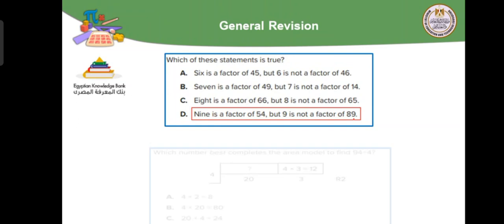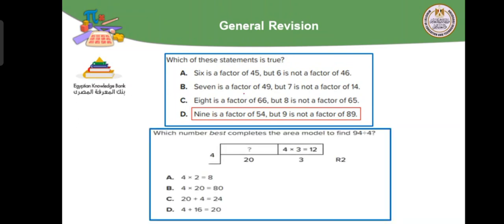Look at here. Which number best completes the area model to find 94 divided by 4? Look, this is what? Yeah, quotient, because I have here a remainder. Okay, so you should write here what? Number of dividends.